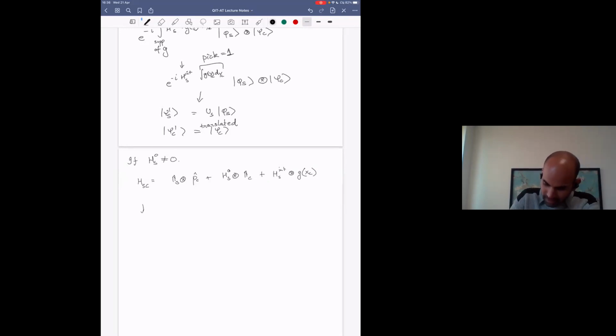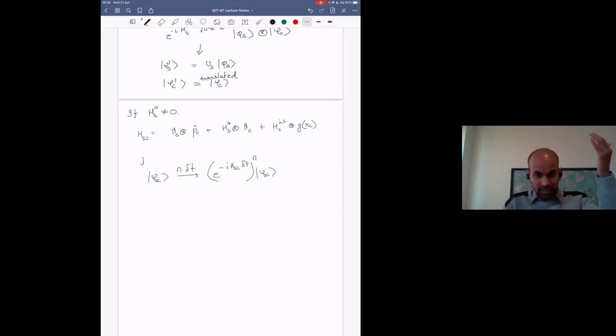In general, if we evolve by a Schrödinger equation, psi of the system and clock in a small time delta t becomes e to the minus i H_SC delta t times psi_SC. And if you do this n times, this just becomes this to the power n.